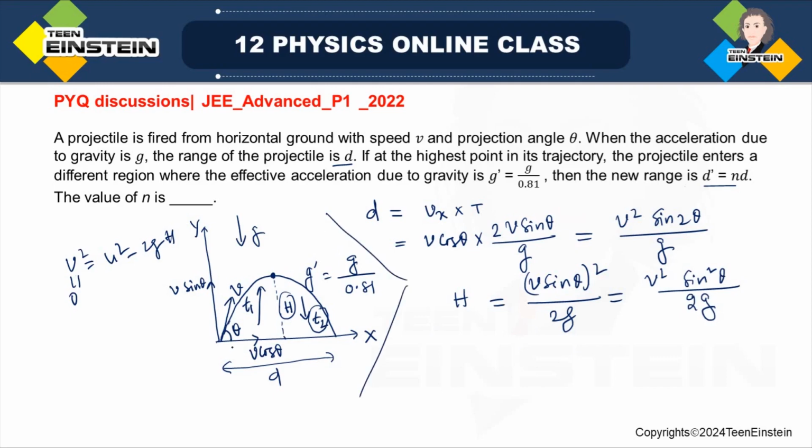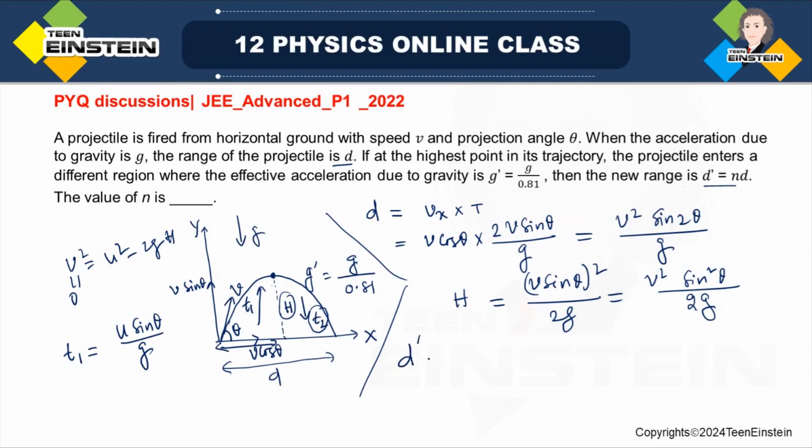Right. Now look, the new range will be due to this g for the left of this highest point, and for the other half while descending the time will be different. So this t1 I can find out easily, that will be u sin theta by g only. Okay, then what will be this much range up to this highest point? Let us take that.